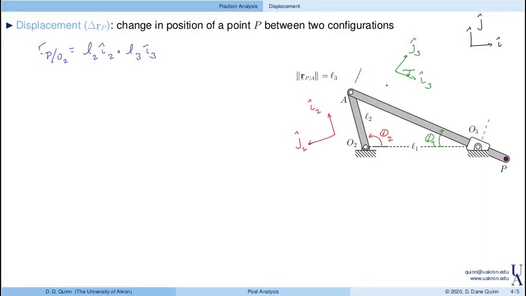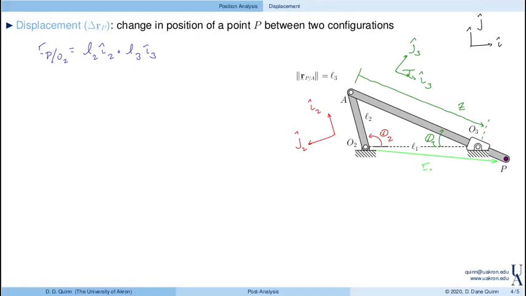So I need to know that length, and we'll call it Z. So as a result, this is the position of P with respect to O2, so that would be a vector from, say, here to here. Let's go and write that out.